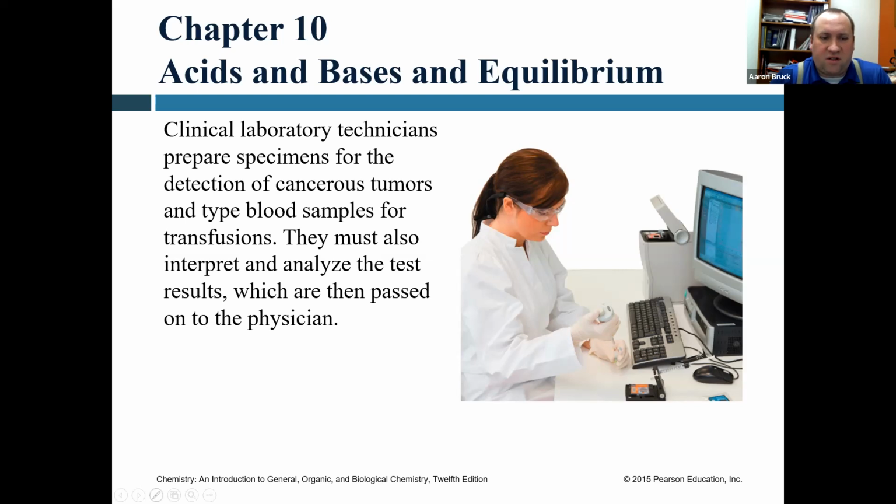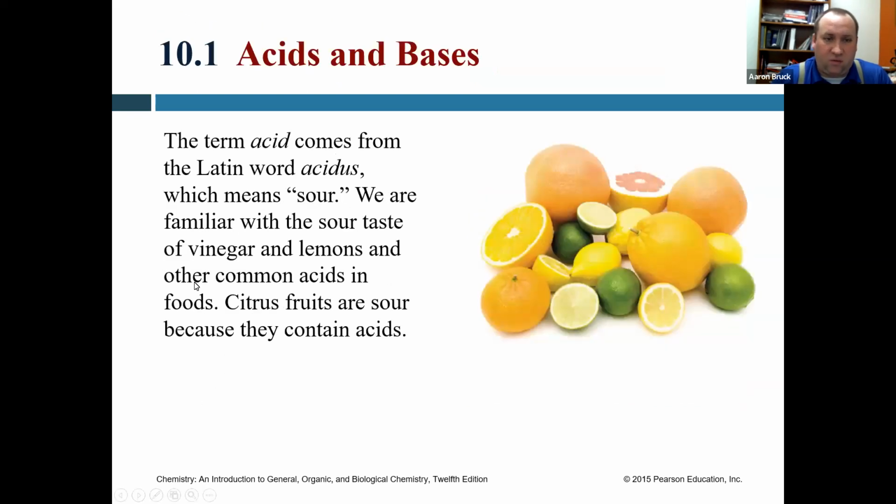So we're going to start off, first of all, by defining what acids and bases are. This is section 1 in the textbook. The term acid comes from a Latin word, acidus, which means sour. The terminology comes from one of the real defining characteristics of acids, which is that acids taste sour.